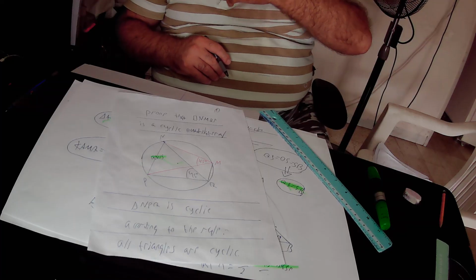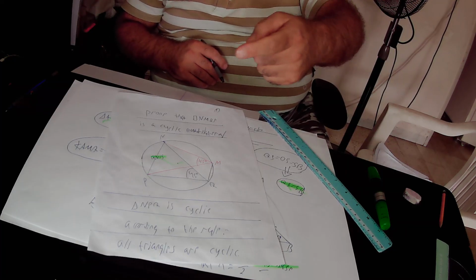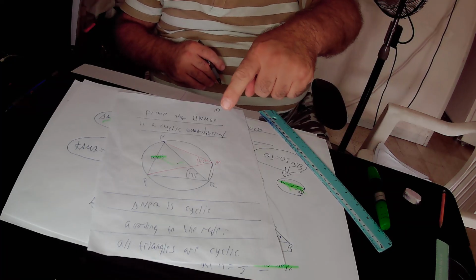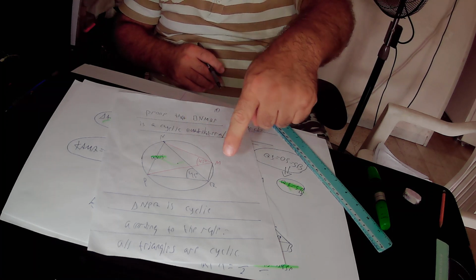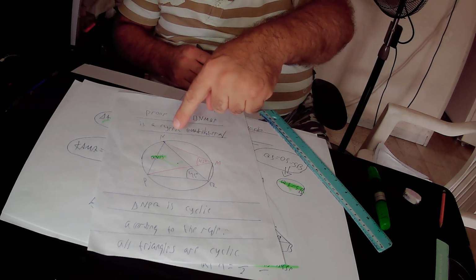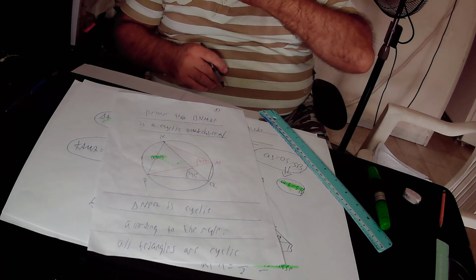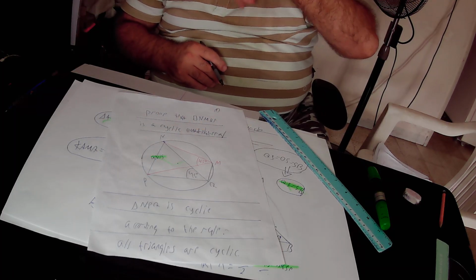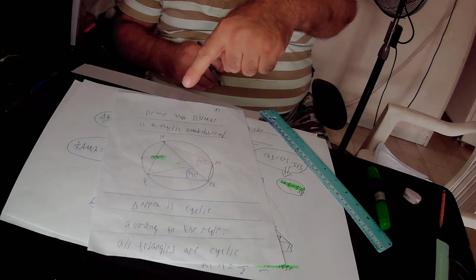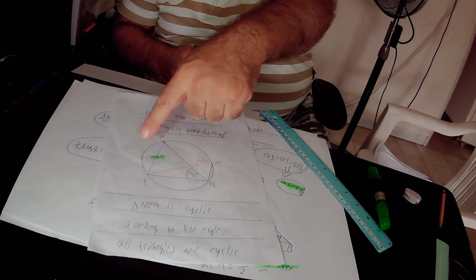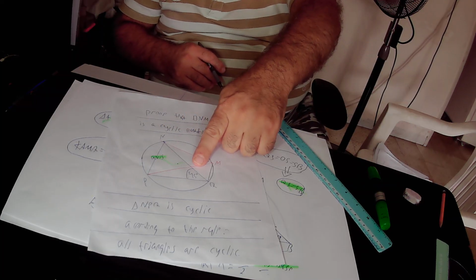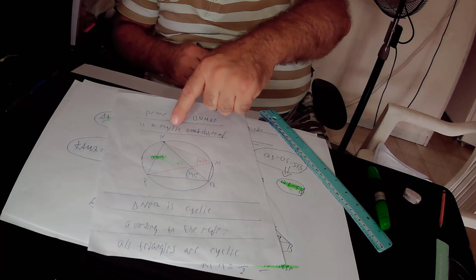That is to say, you can inscribe any triangle by a circle. Therefore, we can inscribe this triangle NPQ by this circle. So now we created triangle NQP, whose angle equals 45 degrees and subtends chord NP.